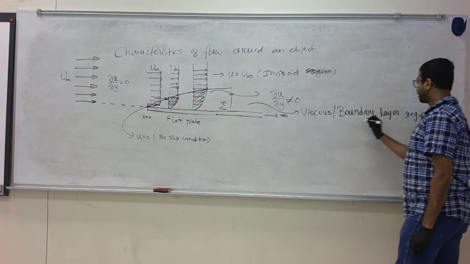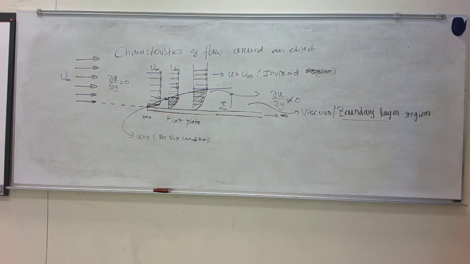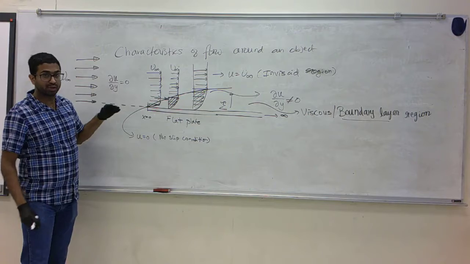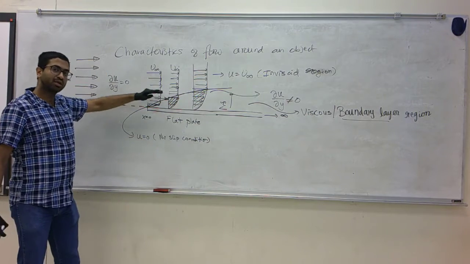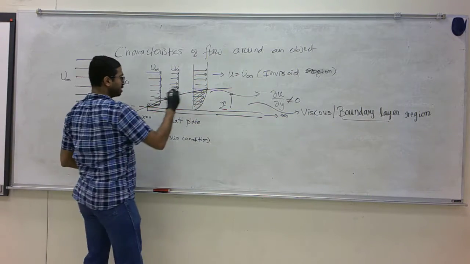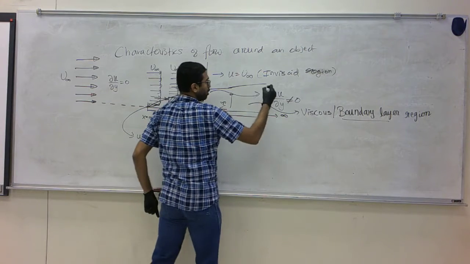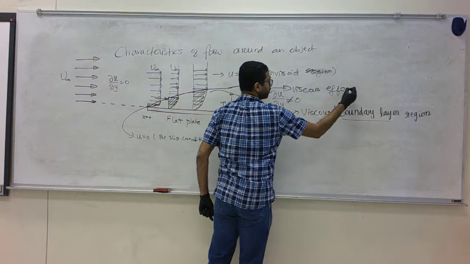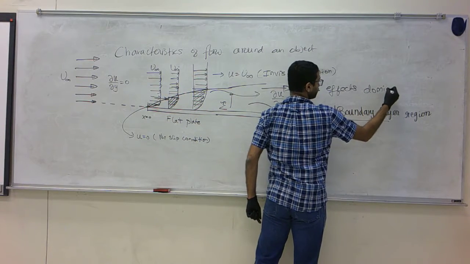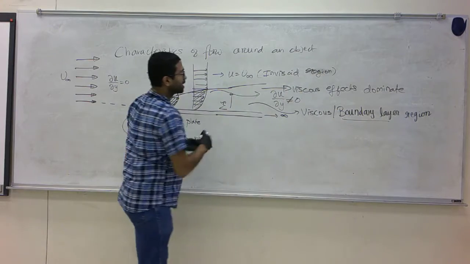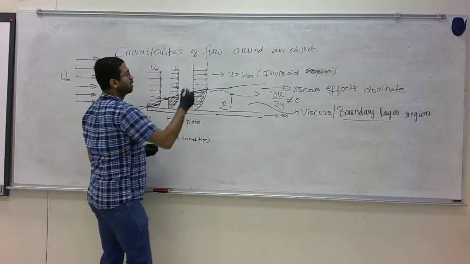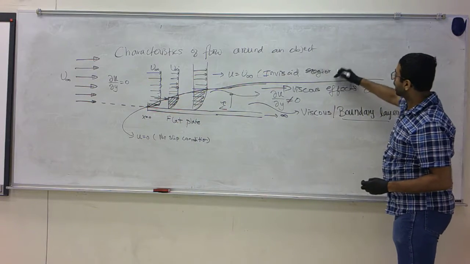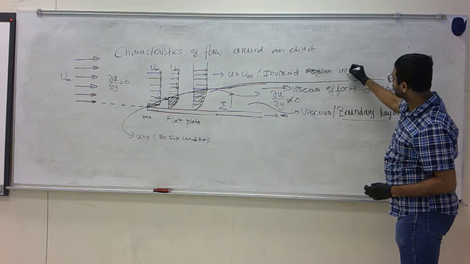The word boundary layer is very important because it's very often used to describe the layer of fluid near a surface where viscous effects dominate. That is, within this part, viscous effects dominate, and outside the boundary layer, this region is inviscid region where inertial effects dominate.